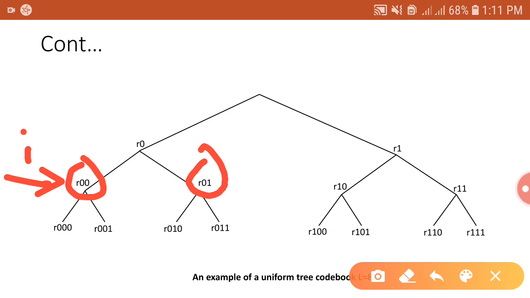So here the distortion measure is computed for the code vectors Ri0 and Ri1.